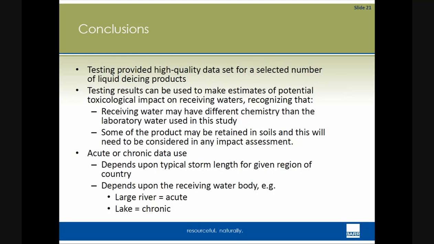I guess what I'm just trying to point out is if you have, for example, a road deck and all the runoff goes right into a pipe and right into the river, that's the most applicable condition for this study. So you could take these toxicity testing results and estimate the potential effect on the receiving water body using these results.